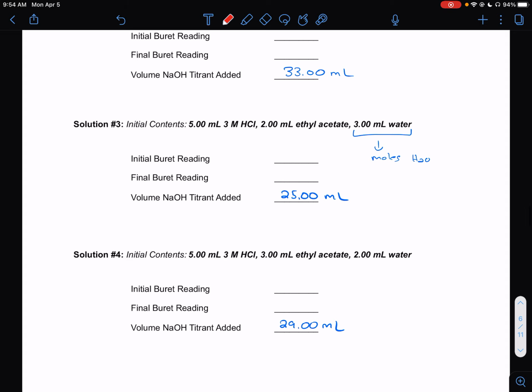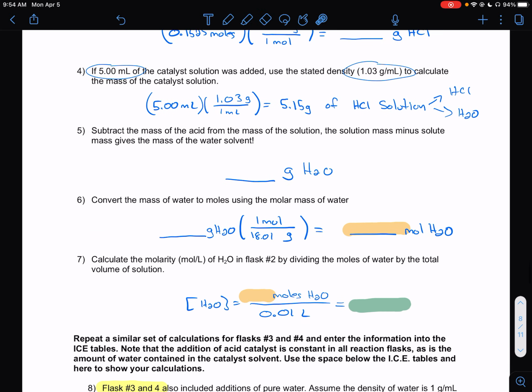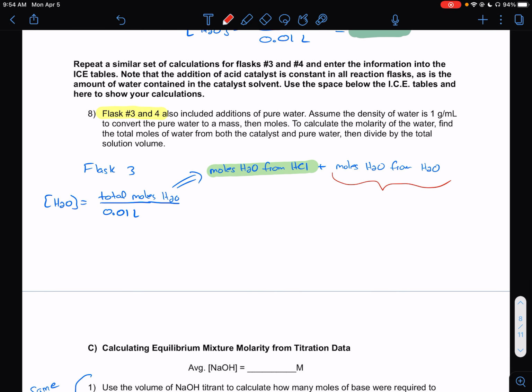And so if we go to Flask 3, it took 3 mL of water. So we're going to come down here and say 3.00 milliliters of water. We need to convert that into moles of water. All right, and as you do that, some good things to keep in mind.